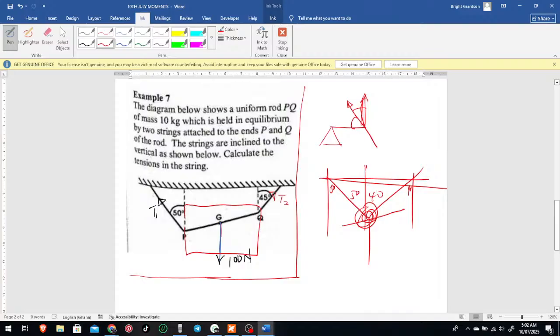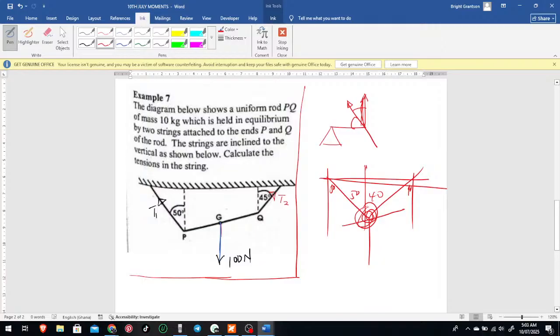But this time around, you're going to resolve these forces as well, upward forces and downward forces. So this T, you're going to resolve as an upward force. The T1. You're looking for the perpendicular force to the object.